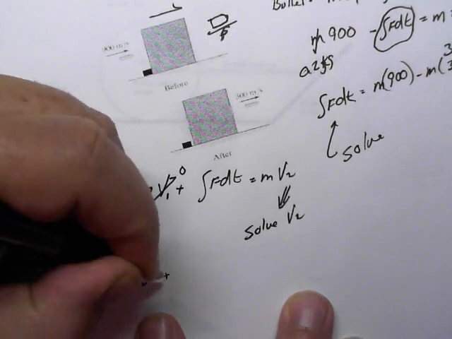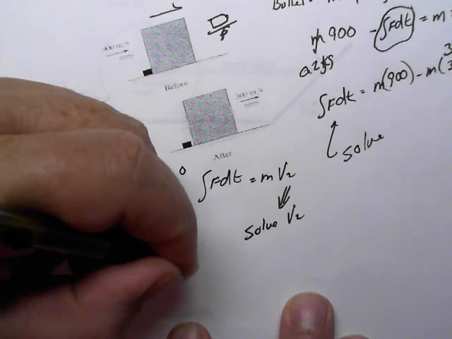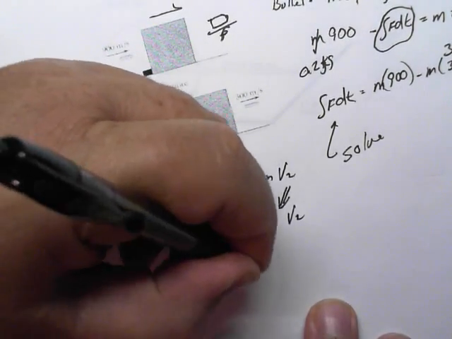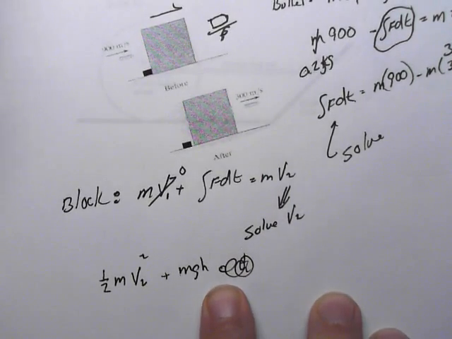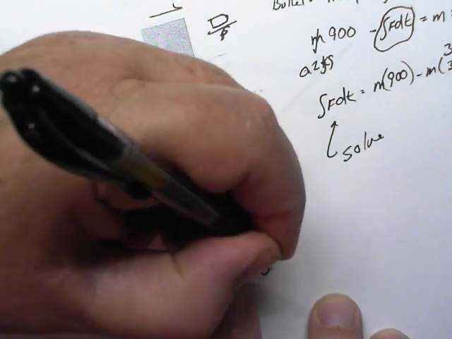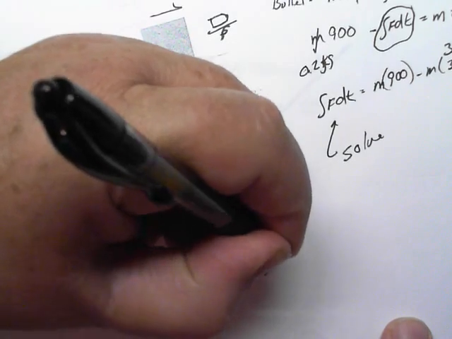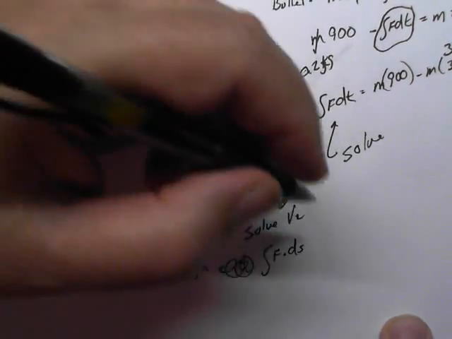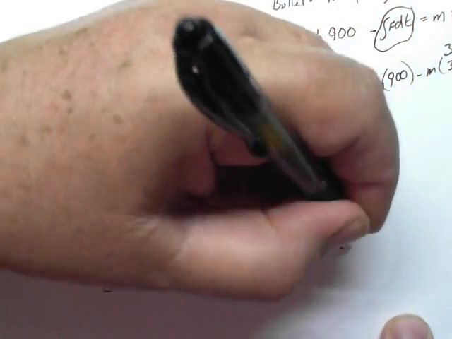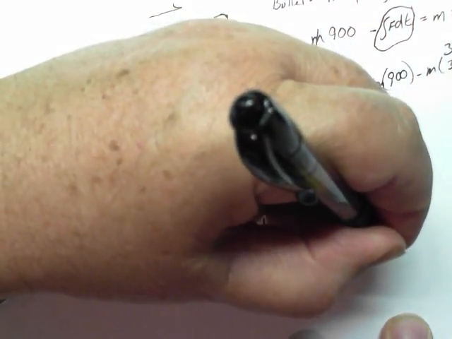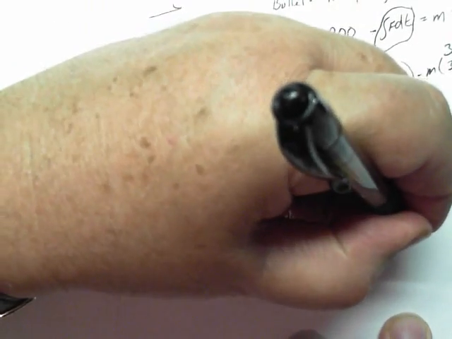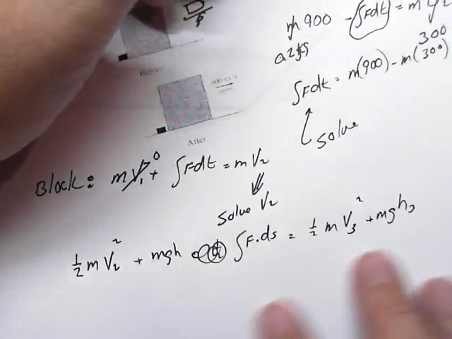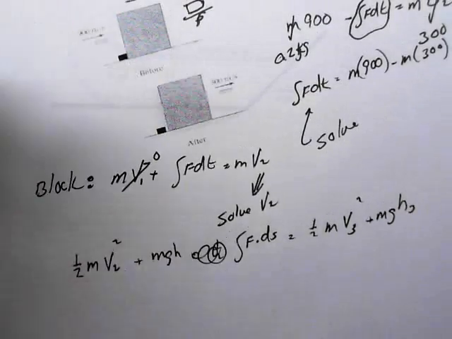Okay, plus mgh is equal to 1/2... this isn't conservation, we have a work term, plus the integral of f dot ds, that would be our friction term, is equal to 1/2 mv3 squared plus mgh3, and no spring terms or anything like that.